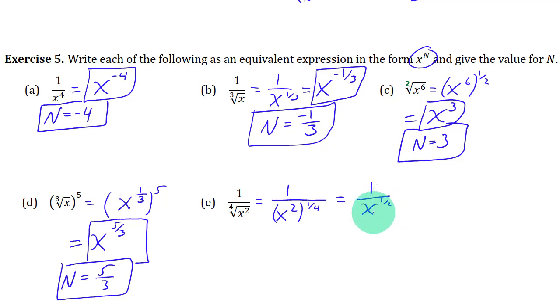And then that you can write it in the numerator by making it negative. So this is the same thing as x to the negative 1/2. That's the definition of a negative exponent there. And so the n here is negative 1/2.